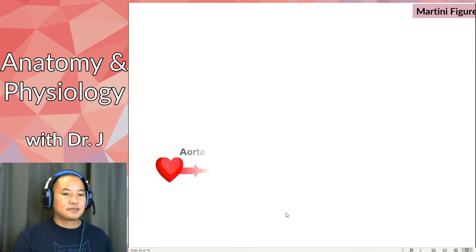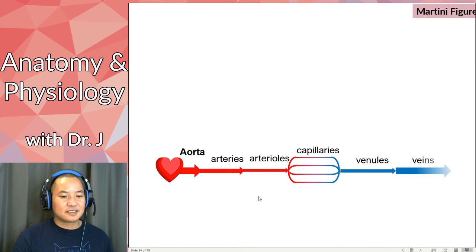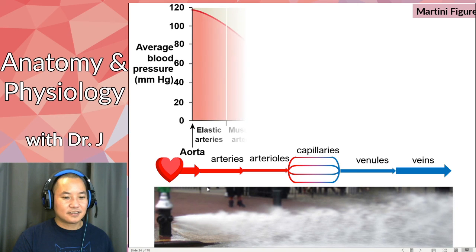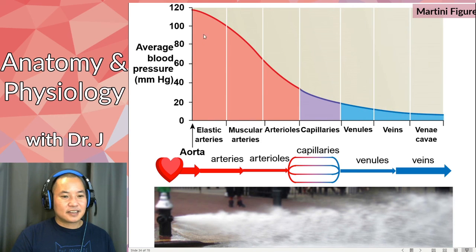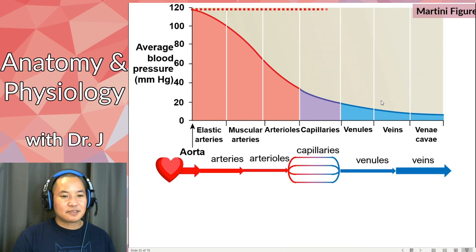Now to make it more visual, what we have here, again, is blood leading away from your heart. And notice that pressure is greatest near the heart and then drops off near the vena cavae. So that pressure gradient is going to be basically where it's highest to where it's lowest.